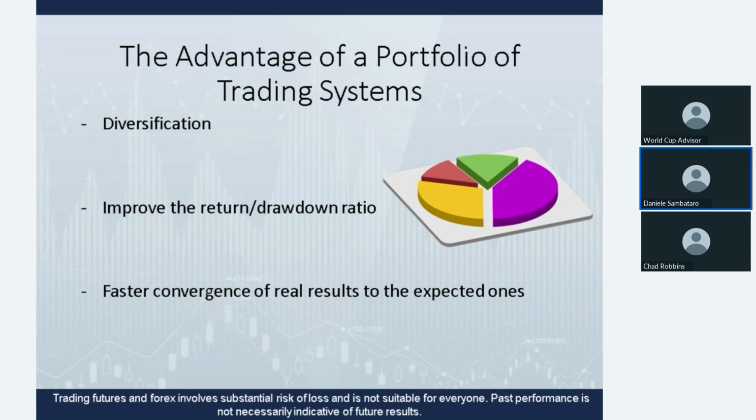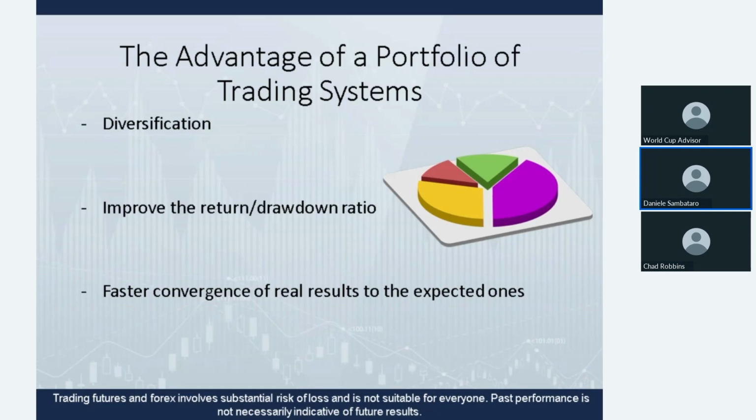So basically, we want that when a trading system tends to work badly, there are other trading systems that work well. In this way, we try to avoid using trading systems with overlapping drawdown periods.